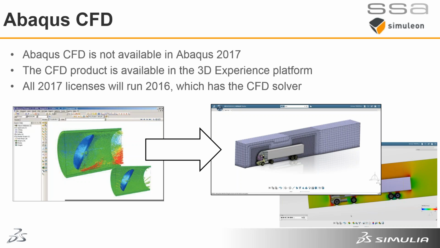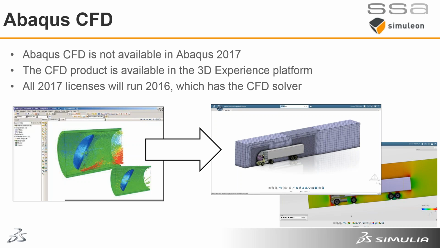If you were running Abaqus CFD and you've got projects that you want to carry on using it for, all Abaqus 2017 licenses will run Abaqus 2016, so you'll still have access to the solver. It just doesn't form a part of the CAE 2017 product. So hopefully that's a relatively straightforward point to make.